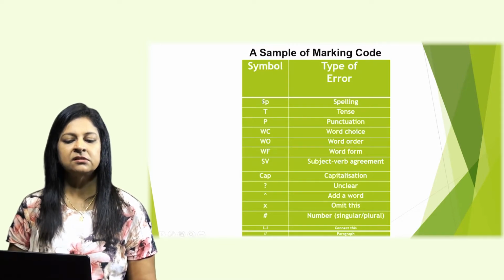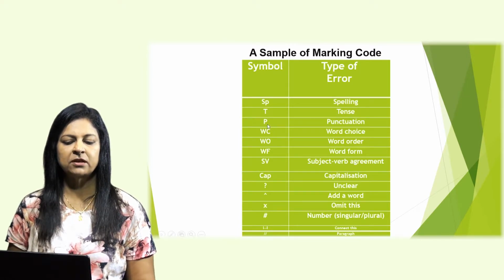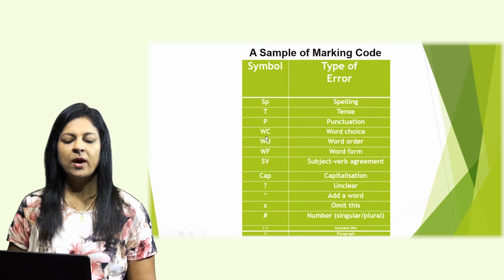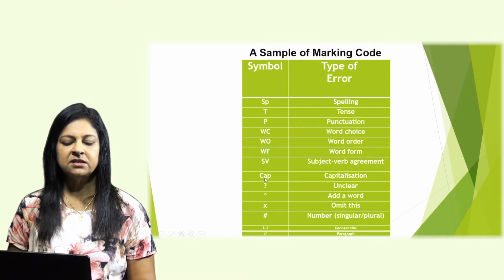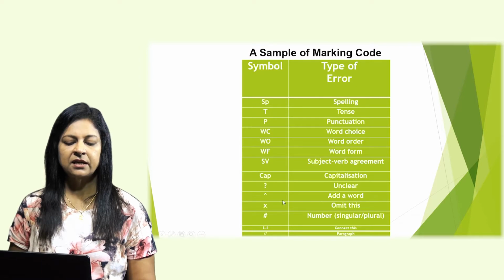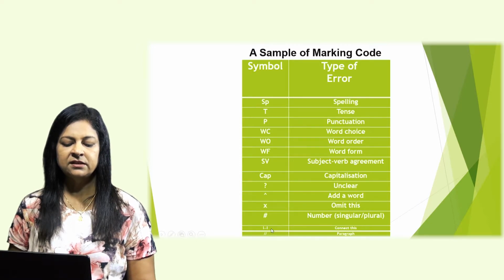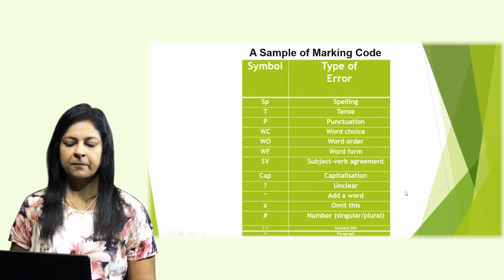When you want, you would use SP for spelling, T for tense, P for punctuation, WC for word choice, WO for word order, WF for word form, subject verb agreement, capitalization, question unclear, add a word, omit these, number singular, connect these paragraphs.